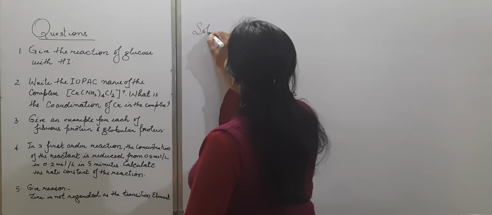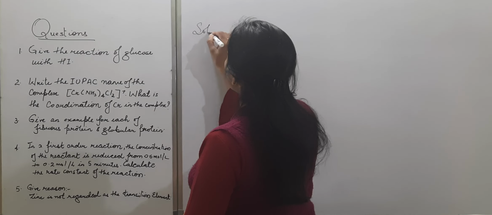That is, when glucose reacts with hydrogen iodide, it will give n-hexane, which indicates that all the carbons present in glucose are in a straight chain.